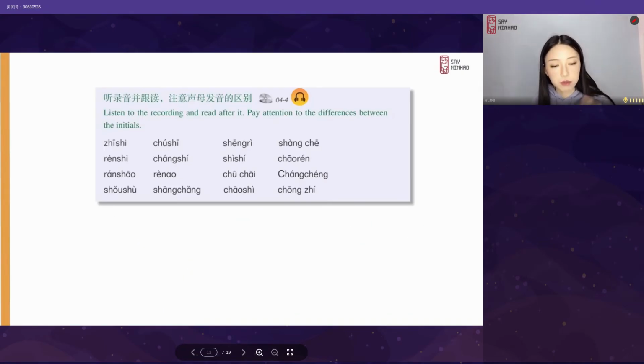Now let's use some examples to practice. Read after me. First one, 知识. We don't need to know all the meanings of these words. We are just using the pronunciation to practice. 知识. Next one, 厨师.